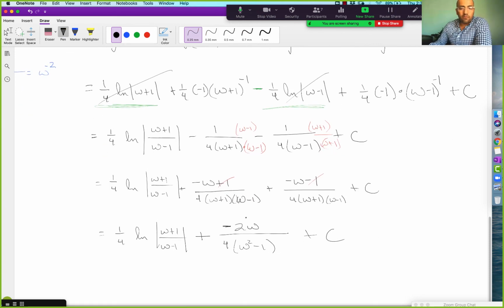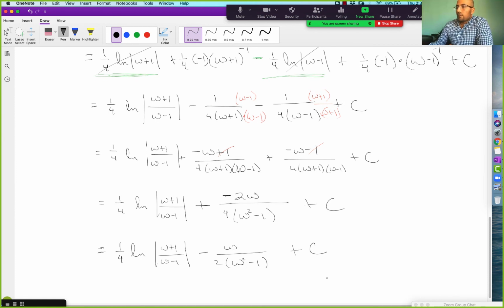And so now these two would reduce to give me my final answer: 1/4 ln of the absolute value of (w plus 1) over (w minus 1), minus w all over 2(w squared minus 1), plus a constant. Good.